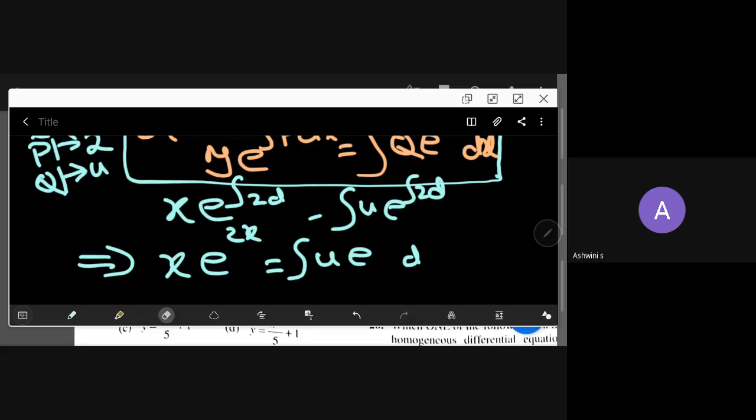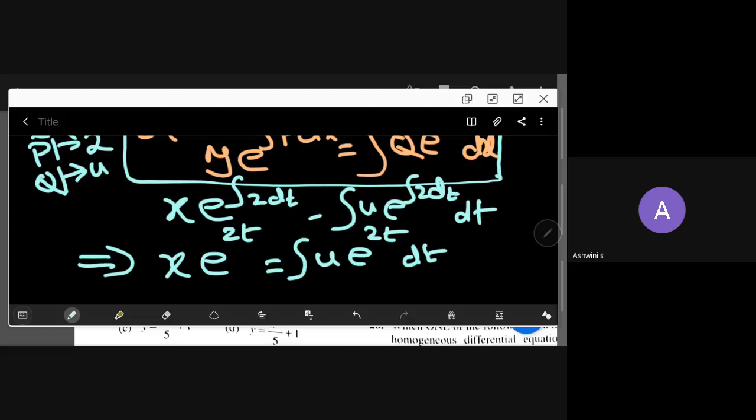So you have dt. Here also 2t here, dt. Right. Good.